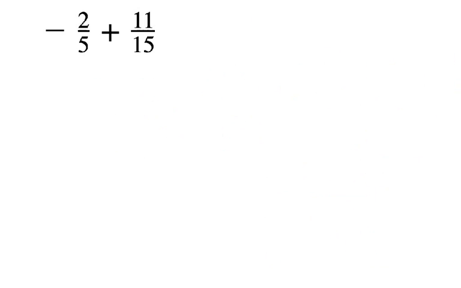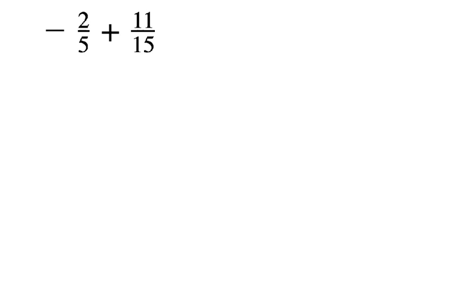Now it does get a little bit more complicated when we're adding positive and negative numbers, and we still have to remember to change the denominators if needed. So here I notice one's positive, one's negative, and I also notice they have different denominators. I like to start with changing the denominators before I figure out what's going on with the positives and negatives.